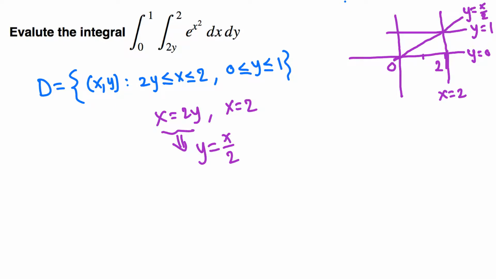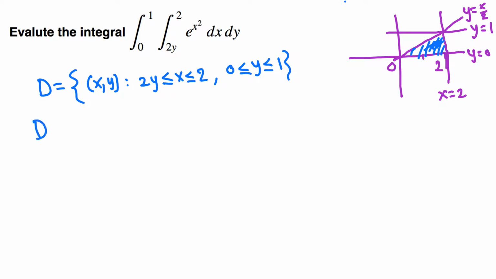Then this region D is in fact this, bounded by all the curves, and we are trying to integrate e^(x squared) in this region. Now we can define this region as follows: D equals (x, y), where x goes from 0 to 2, it doesn't matter where you write it, and y goes from where?